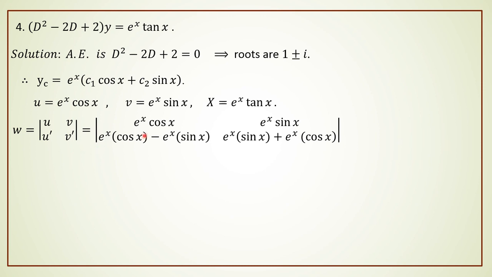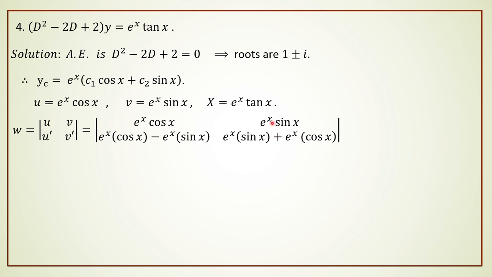So the determinant of u is e power x cos x and v is e power x sin x. Differentiation of e power x into cos x is e power x into cos x as it is, plus e power x into differentiation of cos x. Derivative of cos x is minus sin x.